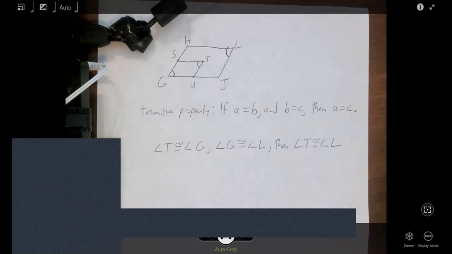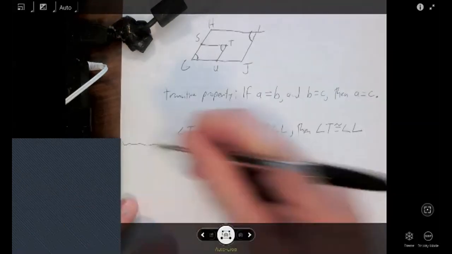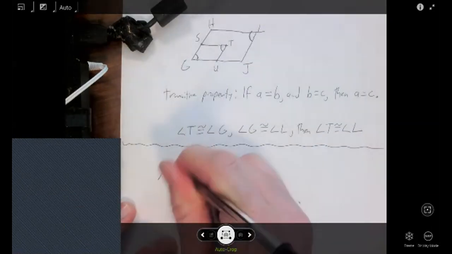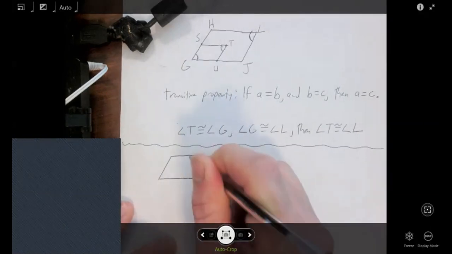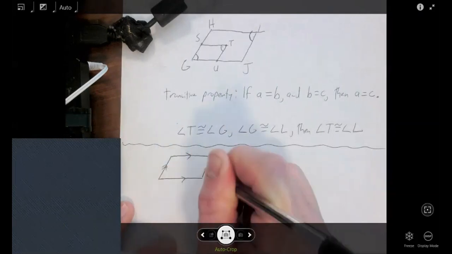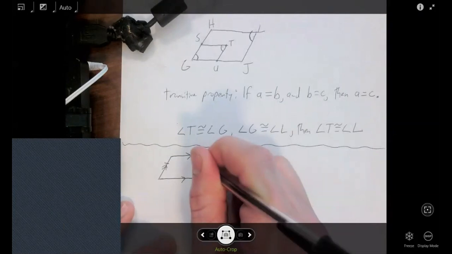So I'm going to leave this up, but also move over to some special types of parallelograms. What do we know about parallelograms? We reviewed that in a parallelogram, the opposite sides are parallel. The opposite sides are also congruent.